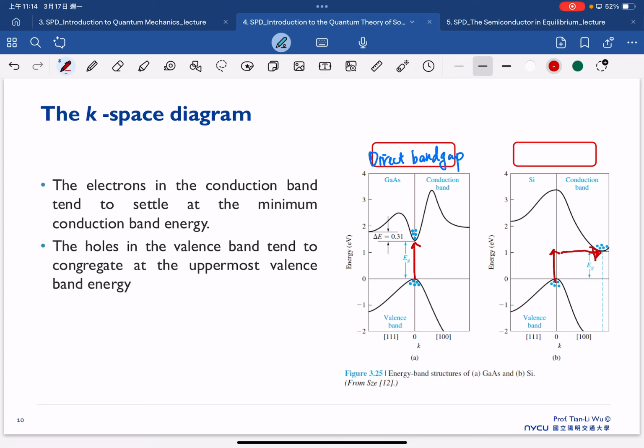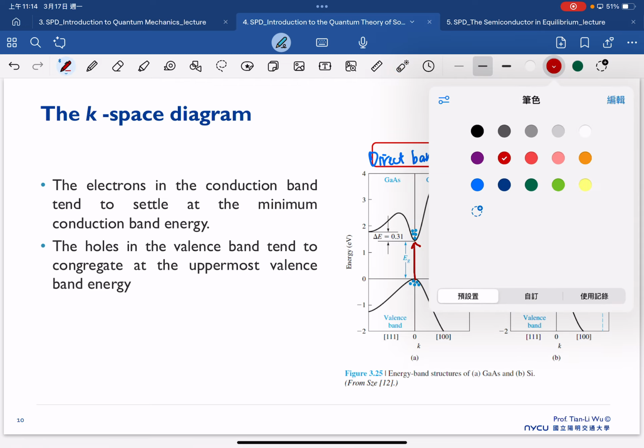You can find out that it must be very difficult because you need to satisfy two criteria. One is energy, the second is momentum, and this is what we call an indirect band gap.